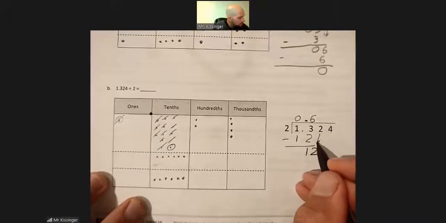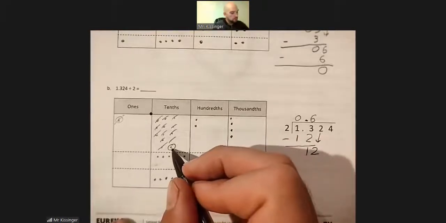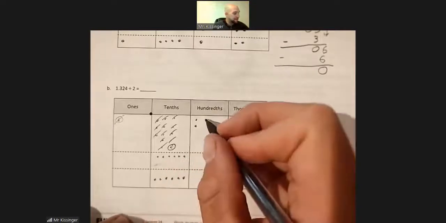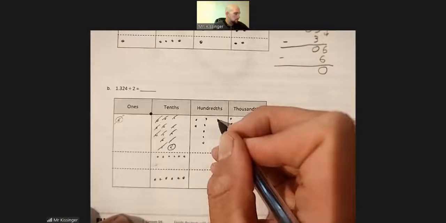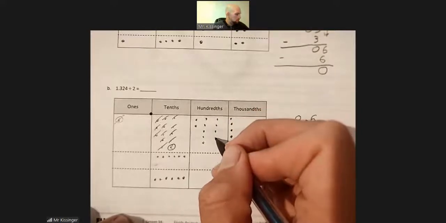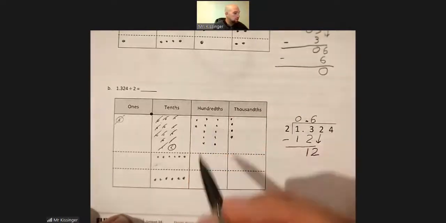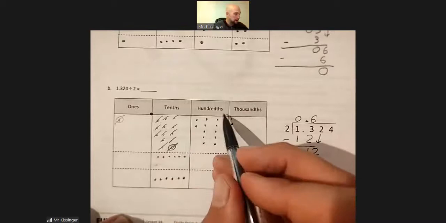Bring down this 2. So we're going to take this tenth here, and we're going to make it into 10 hundredths. So we have 10 hundredths, and then we have our 2 that were already in our hundredths place. We can cross this off now because we brought that over.